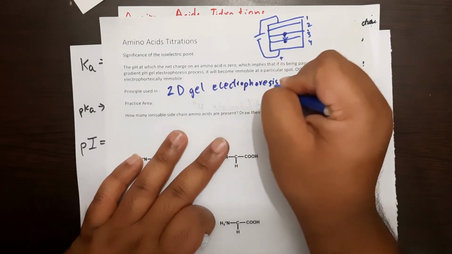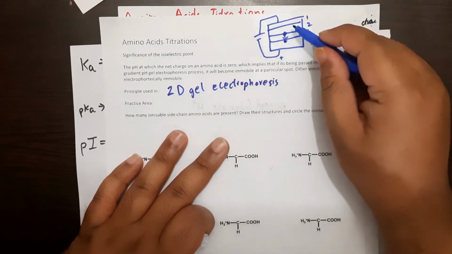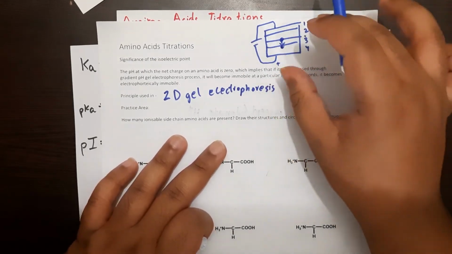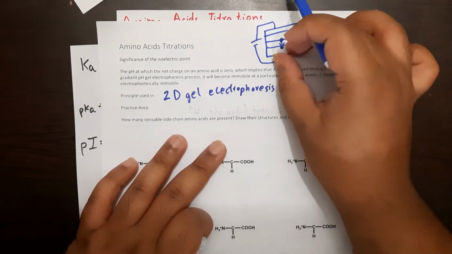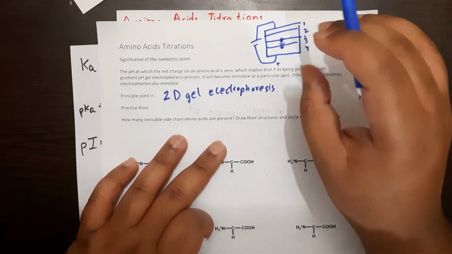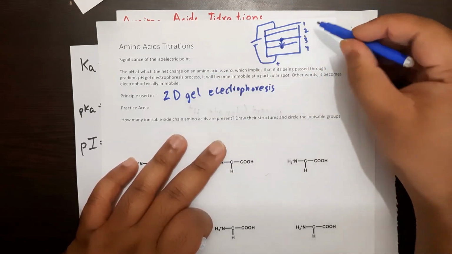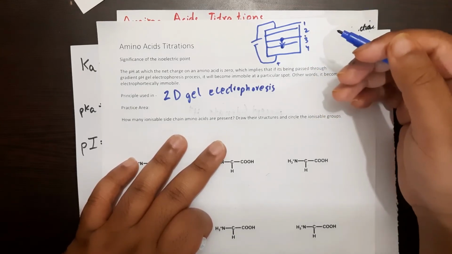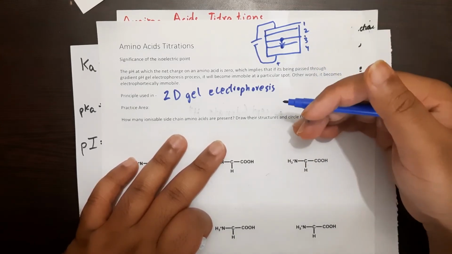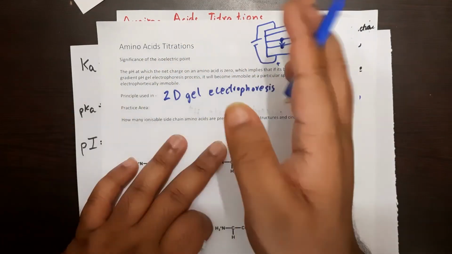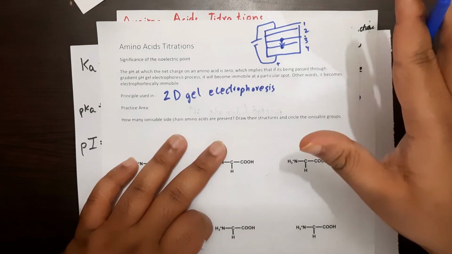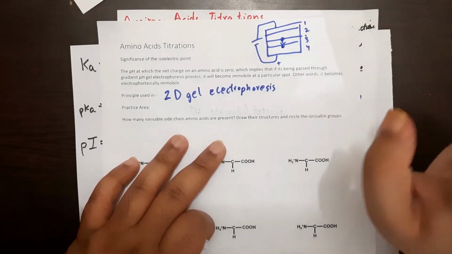Why 2D? Because first you would run it in this isoelectric focusing. This is called isoelectric focusing, and then whatever proteins you collected at that pH, you would then put into a PAGE, the polyacrylamide gel electrophoresis apparatus, to then separate them out based on molecular weight. So first you will separate the similar molecular weight, then you will separate out the dissimilar molecular weight, and this is a very good example to be done.